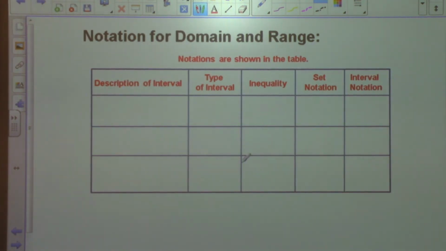What I want you to do is draw out the scaffolding of this chart like this, and we're going to put down some different types of notation herein, okay? If you can do that, I'd appreciate it. Take a couple minutes. This could be kind of like a go-to guide for you.